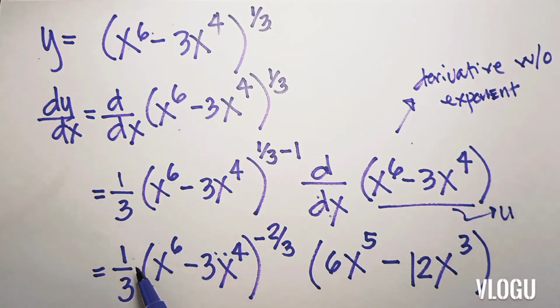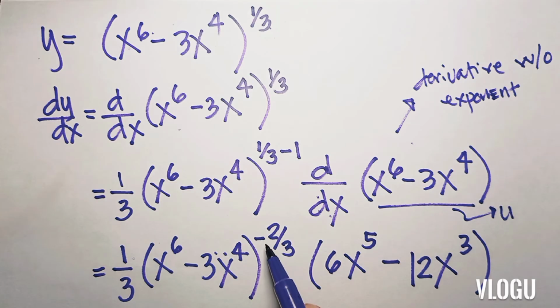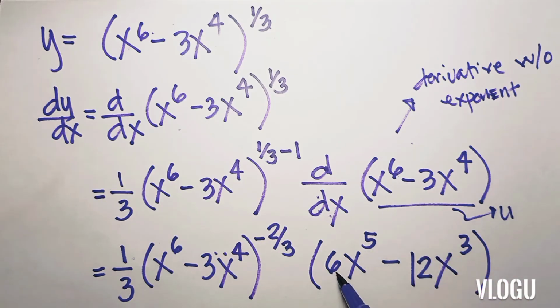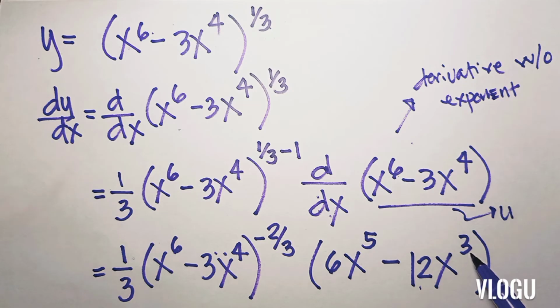So we have 1/3 times x to the 6 minus 3x to the 4th, raised to 1/3 minus 1, which is negative 2/3. Then the derivative of x to the 6: you will have 6x to the 6 minus 1, that is 5. Minus 3 times 4, that is 12, x to the 4 minus 1, that is 3. So that's the reason you will have 6x to the 5th minus 12x cubed.